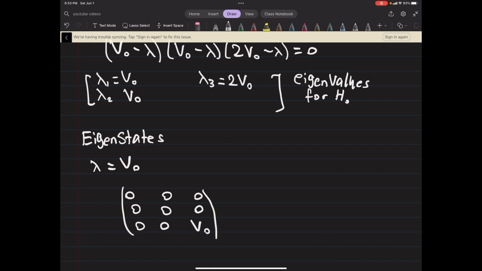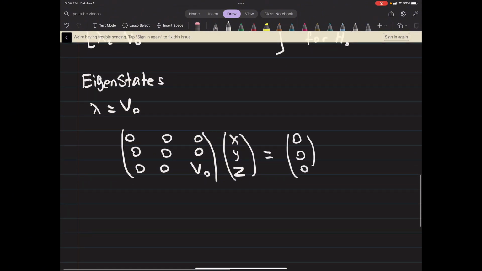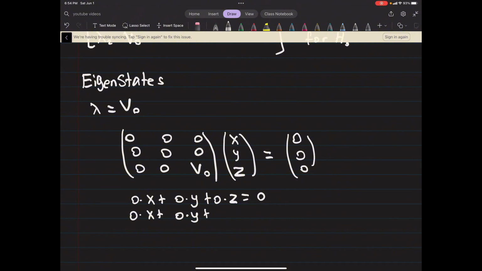And this will be some matrix we'll call x y z, which should be equal to the 0 matrix. So if you multiply this out, you'll get 0 times x plus 0 times y plus 0 times z equals 0. The same thing here, but in the bottom you'll get V naught z equals 0. So from the third equation, it's clear z must be 0.